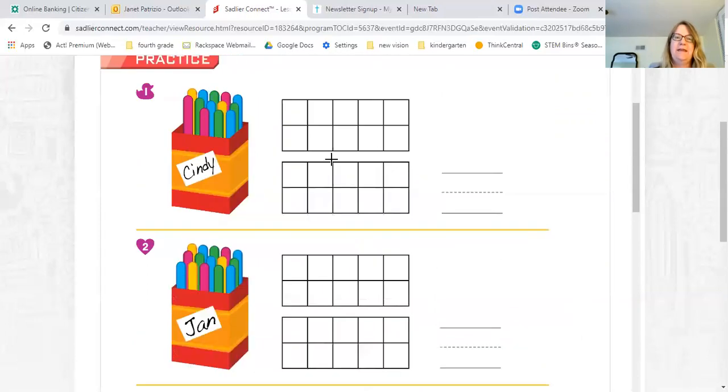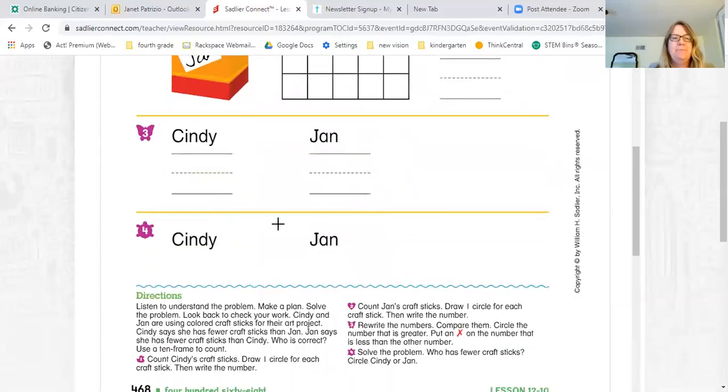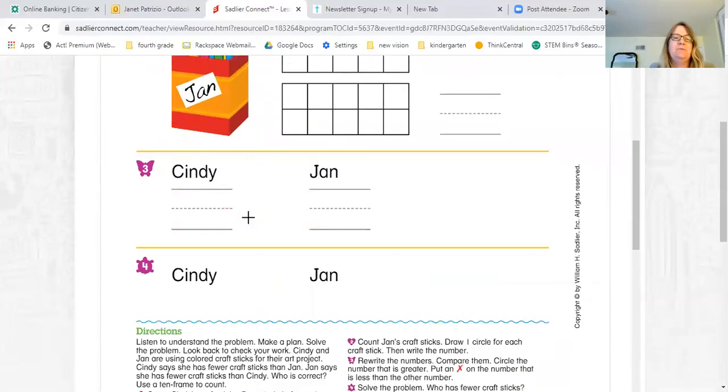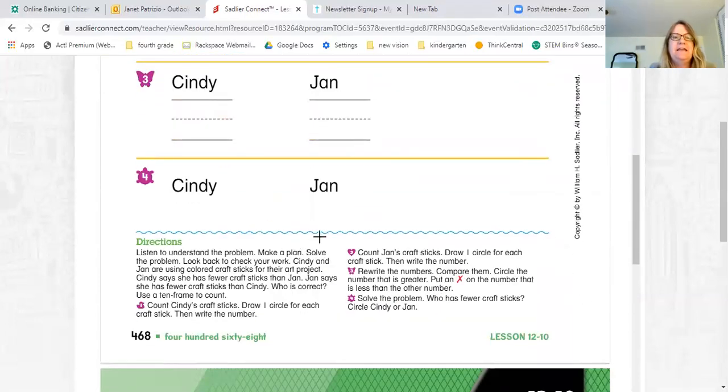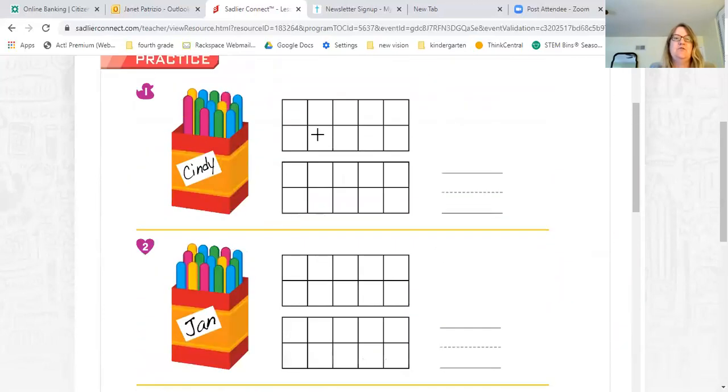In this case, the plan, once again, is filling in our 10 frames with how many colored craft sticks Jan and Cindy have. And the problem for this one is: Cindy says she has fewer craft sticks than Jan. Jan says she has fewer craft sticks than Cindy. So who is correct?